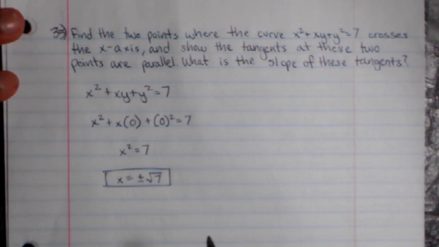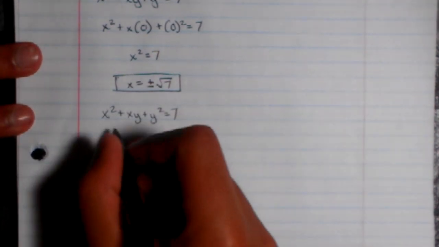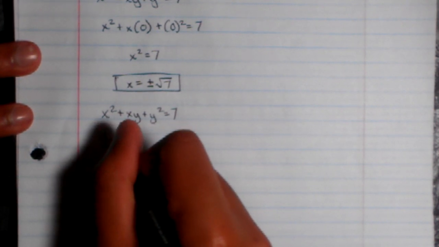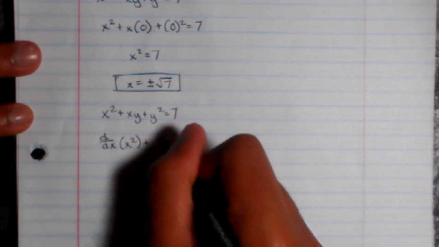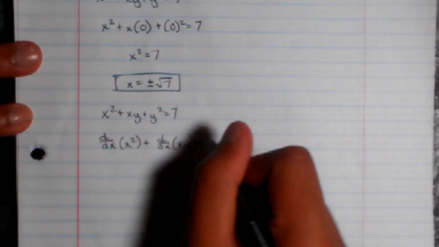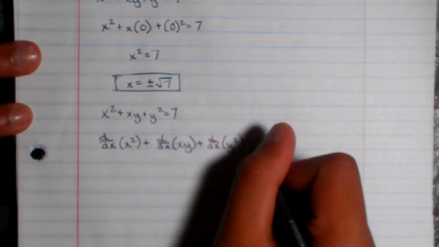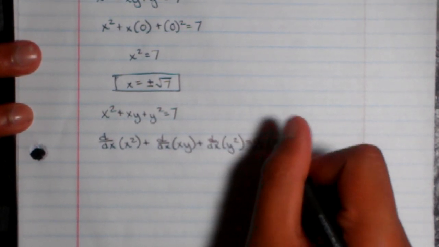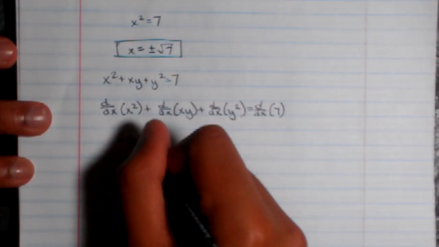And now to find the slope of the tangents, we have to find the derivative of our equation. And doing that, we get the derivative of x squared. We have to take the derivative of each of the terms. And so the derivative of x squared is 2x.